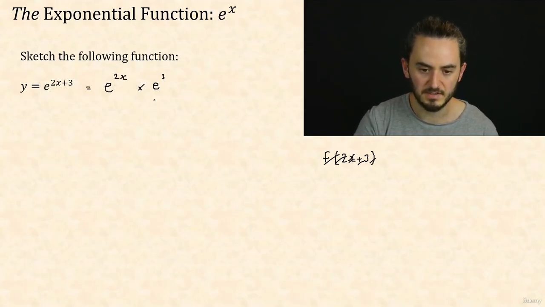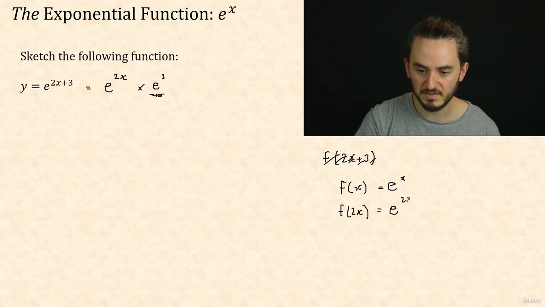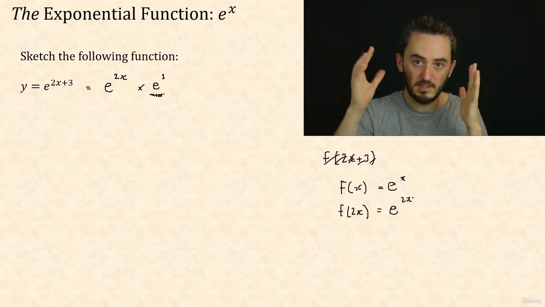So we'll come back to this at the end, because this here is just a kind of coefficient at the start. What about the e to the 2x? Well, if f of x was e to the x, then it would be f of 2x, which is e to the 2x, and that is just a squishing in like this.